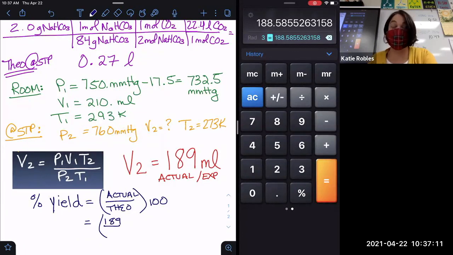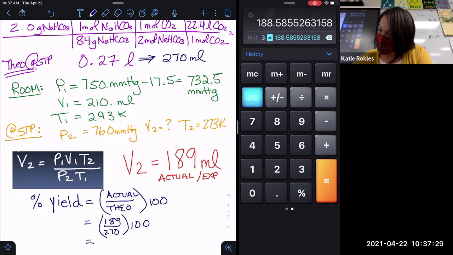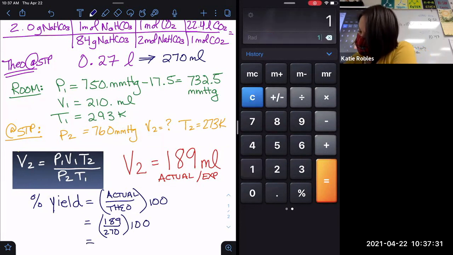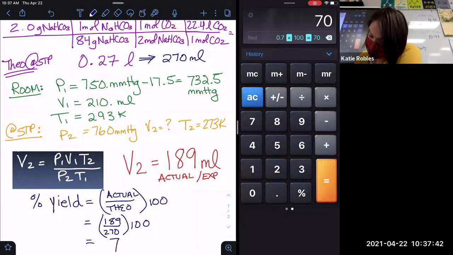My theoretical is in liters and my actual was in milliliters. Don't forget to convert that. That's 270 milliliters. So I got to put 270 down here times 100. So my percent yield is 189 divided by 270 equals 0.7, or 70%.